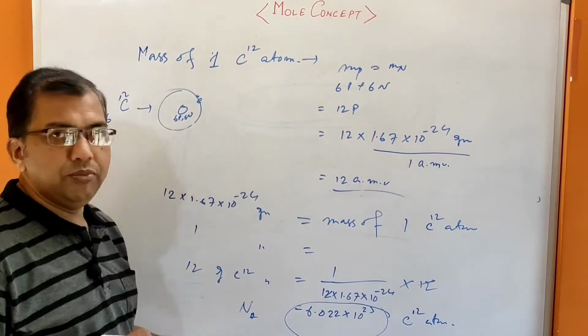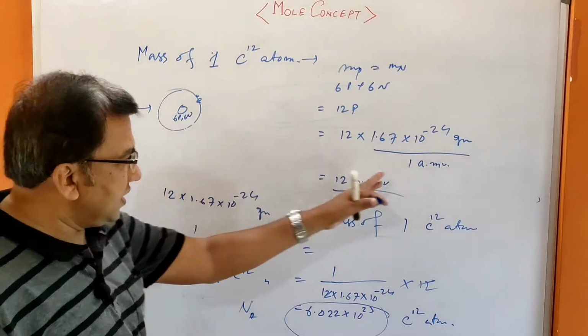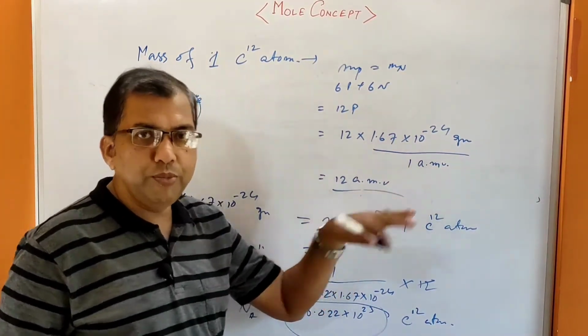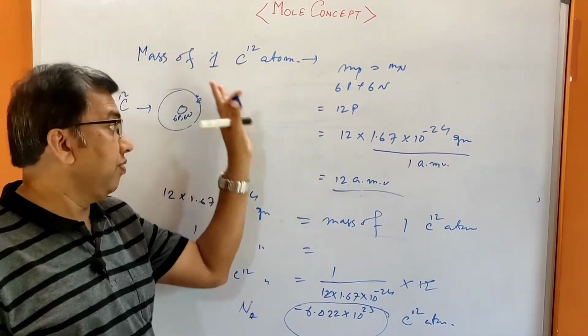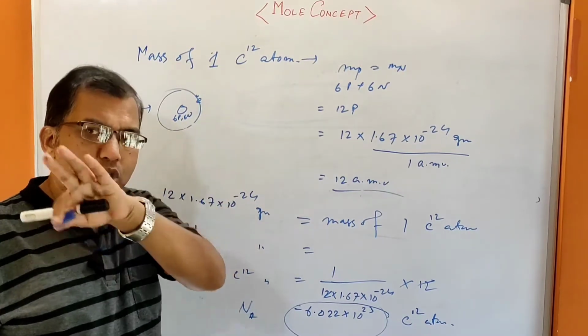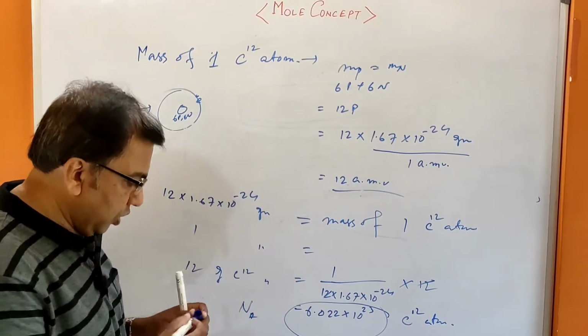Now come, what is amu? I have written this is amu. What is the definition? I have told, 1 amu means 1/12 the mass of one atom of carbon-12.